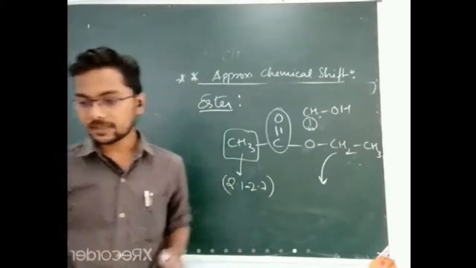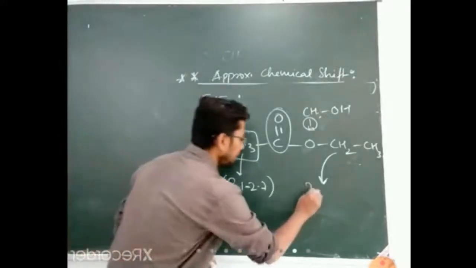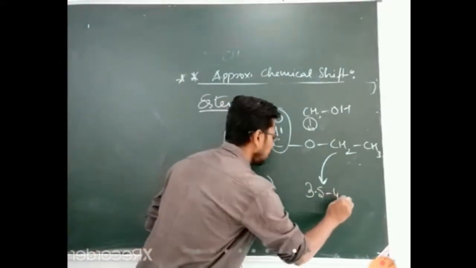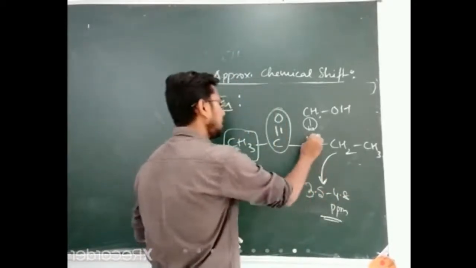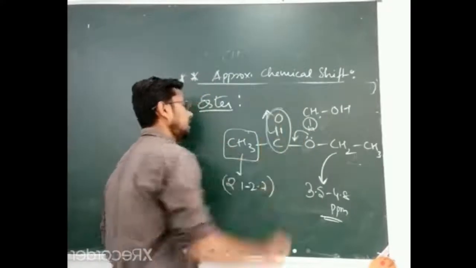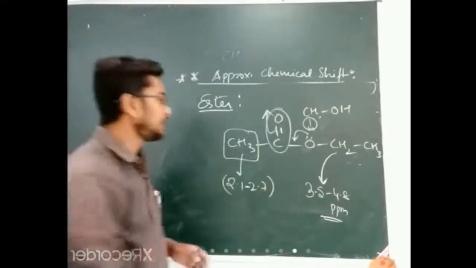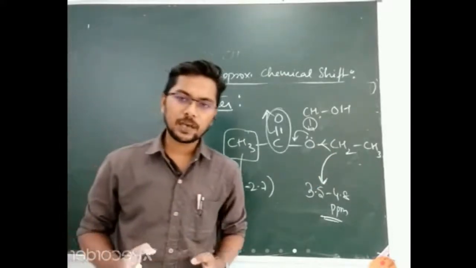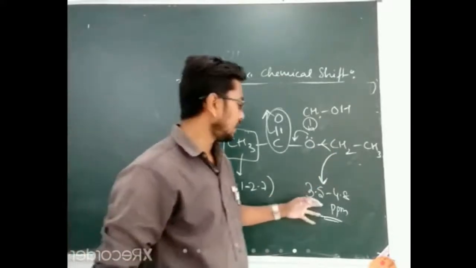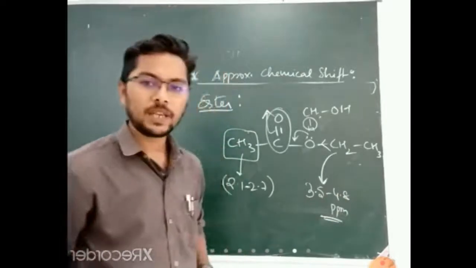But in case of ester, they appear in 3.5 to 4.8 ppm. Here both the mesomeric effect and the electronegative effect of the oxygen atom play a part, and because of this the range is 3.5 to 4.8.